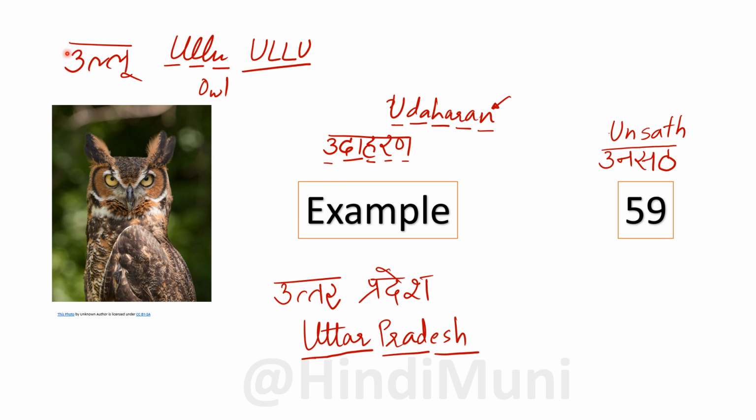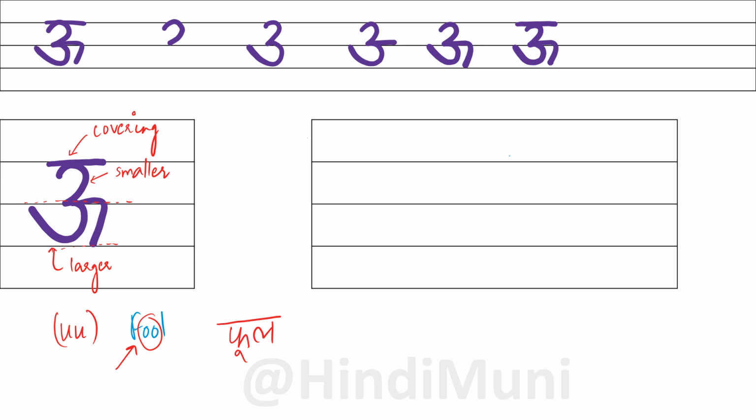So the first one, ullu. Udaharan. Unsat. Uttar Pradesh. Okay, now coming to the second vowel.